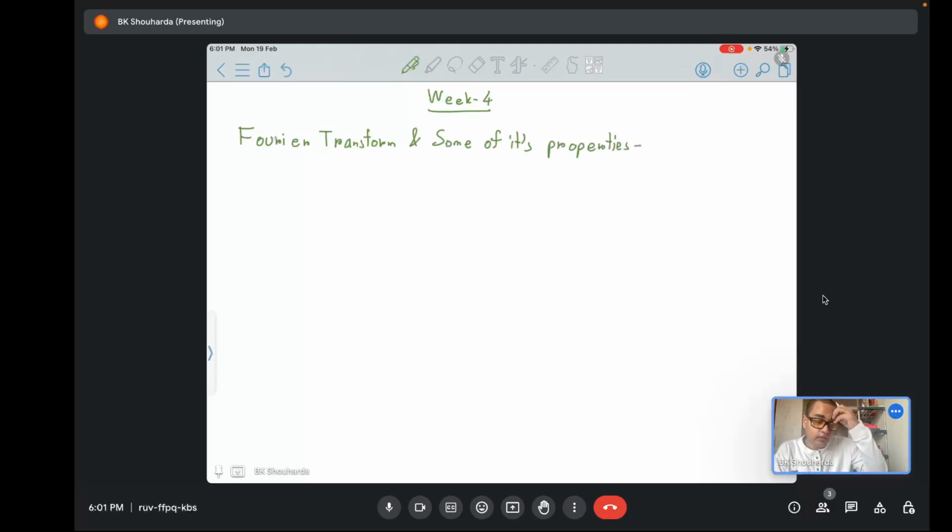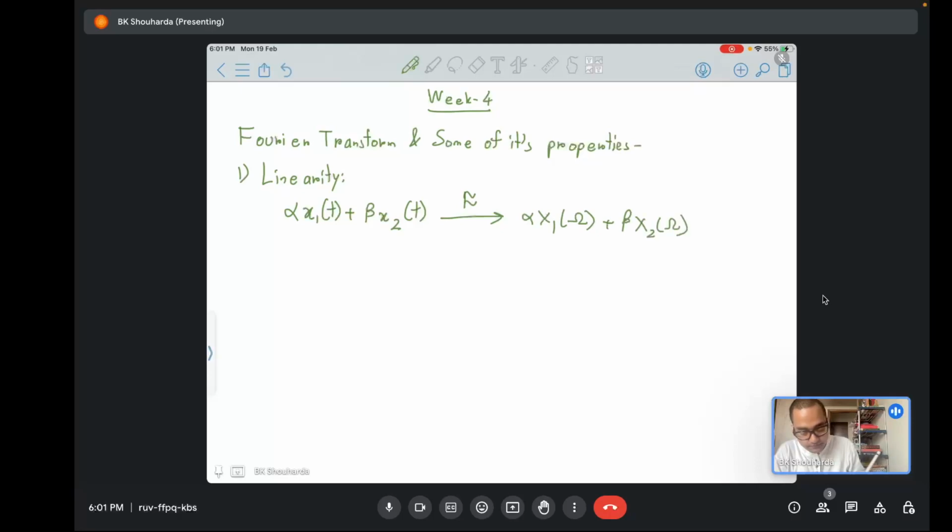Some of the properties that we had learned previously was linearity, which stated that if you have two signals x1 and x2 and you combine them linearly using coefficients alpha and beta, then the corresponding Fourier transform is also the linear combination alpha X1 omega plus beta X2 omega.